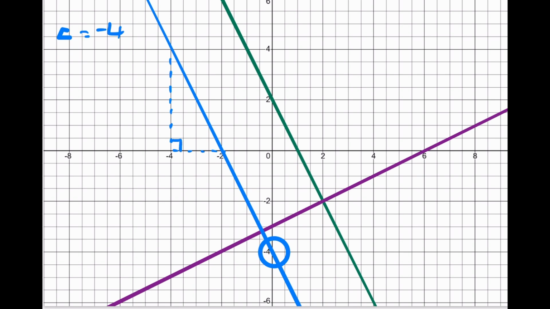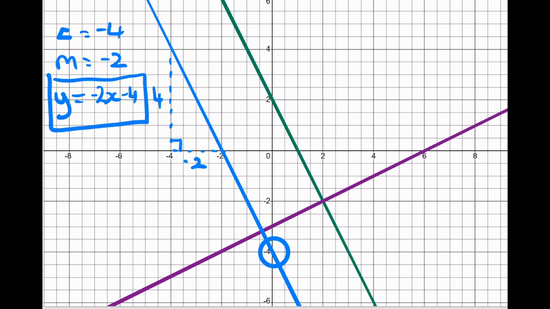This is between 0 and 4, so 4 high, -2 and -4 is 2. Remember, this is a negative gradient, sloping from the top left to the bottom right, so our m is -2. Our equation of the line, therefore, is y is equal to -2 lots of x and then -4 for the y-intercept. So that's our blue line.